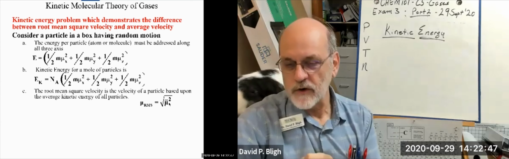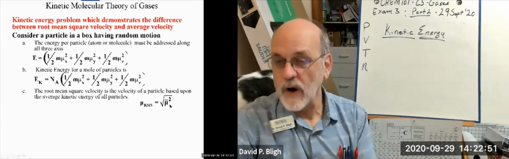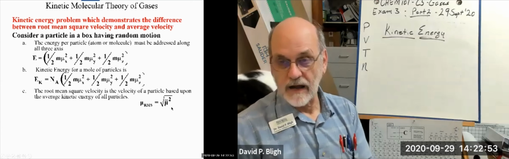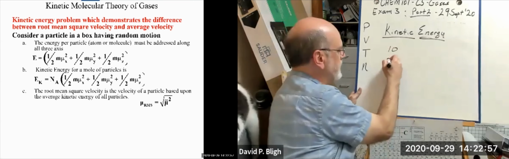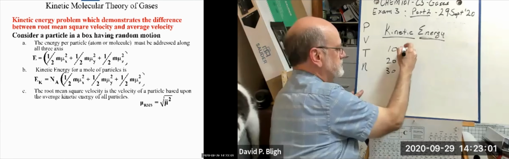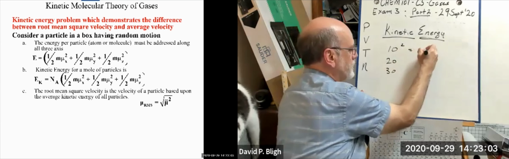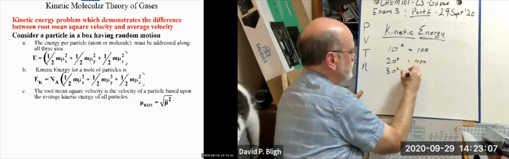So if we take the average of the squared values, what would that be? Well, let's do the first 2 or 3 of them. 10, 20, 30, say. Square this one, equals 100. Square this one equals 400. Square this one equals 900.